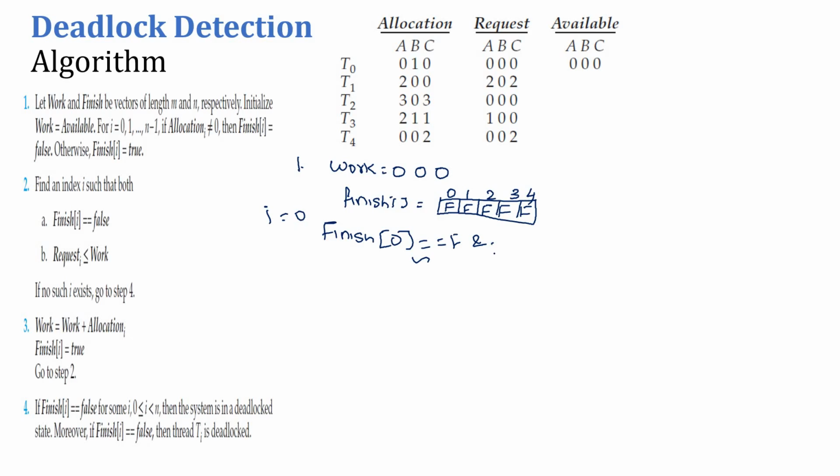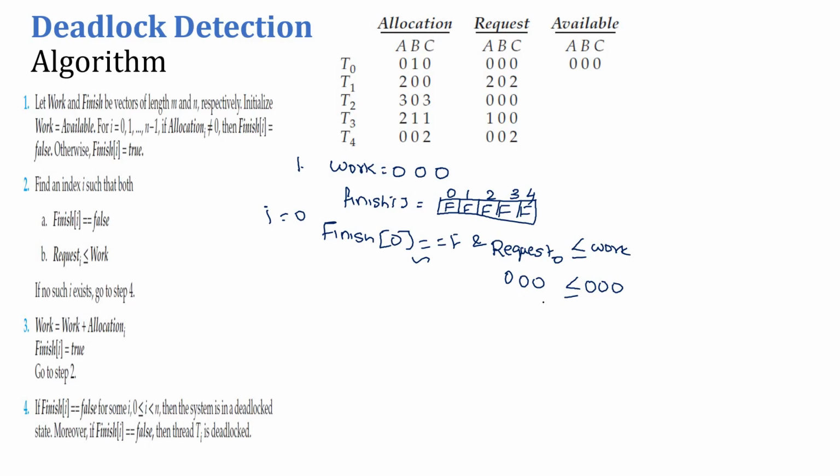Now the second condition is that Request[0] must be less than or equal to our Work. The request value in this matrix is available: Request[0] is 0 0 0, which must be less than or equal to our Work, and the Work value is also 0 0 0.